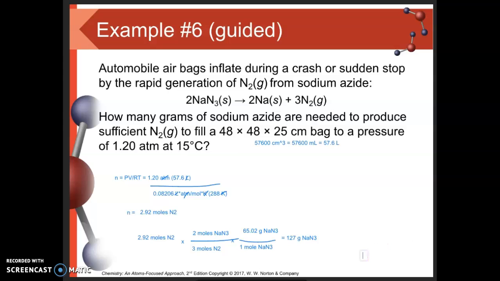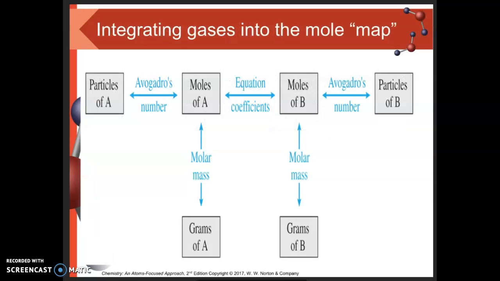If you remember how to use this map to organize your thoughts, and you just remember that the ideal gas law is the thing that bridges you between volume, pressure, and temperature of a gas and moles of a gas, then this is just another application, just like what we saw in Chapter 8, when we had to use molarity to go between moles of substance, moles of solute, and liters of solution. It's the same kind of thing.